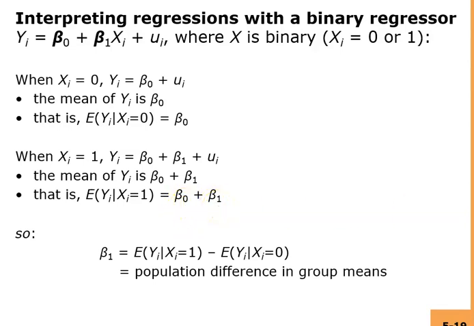So if someone asks you what is the actual difference between the average test scores of classes of low student-teacher ratio and high student-teacher ratio, you will do beta naught plus beta 1 minus beta naught, which comes out to be just beta 1. So that beta 1 tells us how much difference there is between the average test scores of classes of high student-teacher ratio and low student-teacher ratio.